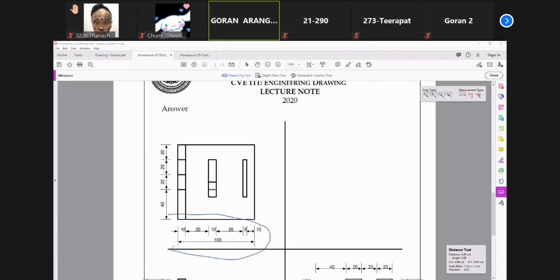So you should at least give dimensions to all the edges. As you can see, more likely you should give dimension. Okay, this one is already a dimension. However, this is not a dimension. So you should include, I think this should be 10 and 10.